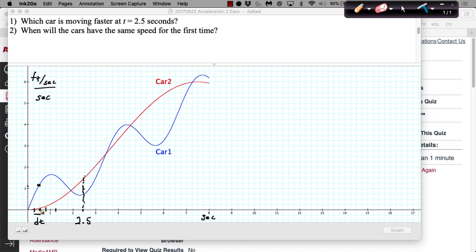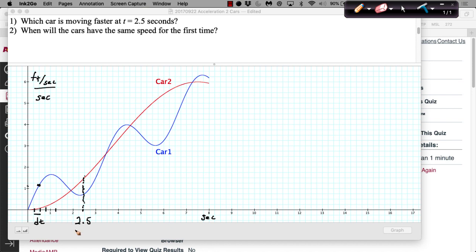And that's happening all through this time period, so car 1 is going to accumulate much bigger changes in speed, right? And now it flips, and now car 2 is accumulating bigger changes in speed because it has a higher acceleration, but not enough to overtake all that happened in the first 2 seconds, right?